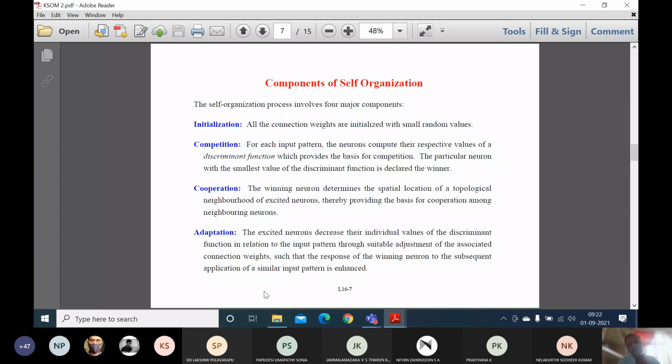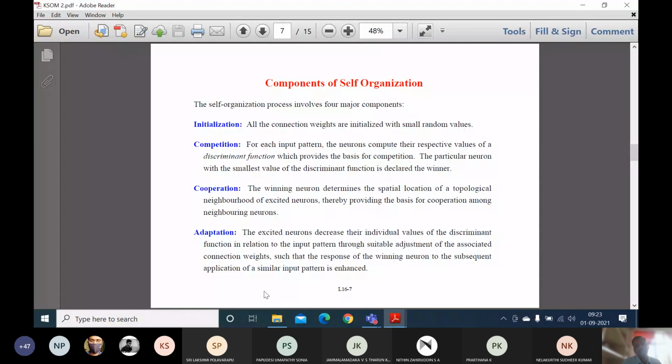So what are the components of SOM? In the self-organizing process, there are four major components. As we discussed in supervised learning networks, the first step here is also initialization. But in the case of unsupervised learning, it uses the concept of competitive learning.